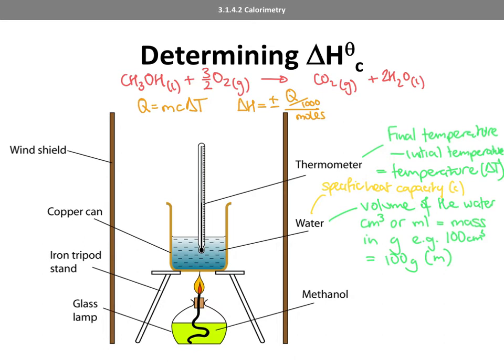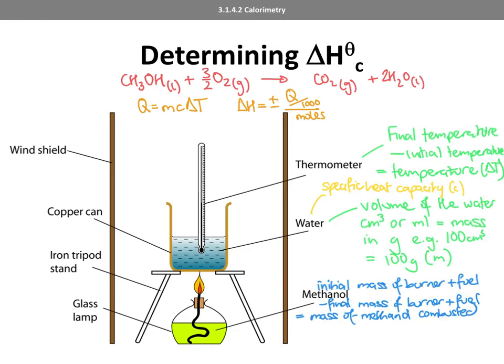And then for the second equation, the second piece of information that we need is the number of moles of methanol that combusted. So if we measured the mass of the burner and the fuel before the experiment took place, before any combustion, and then once we'd capped it and we'd finished measuring the temperature change, we then took the final mass of the burner and the fuel, then the difference between those 2 masses will be the mass of the methanol that combusted.